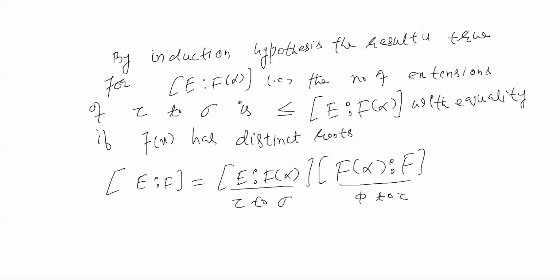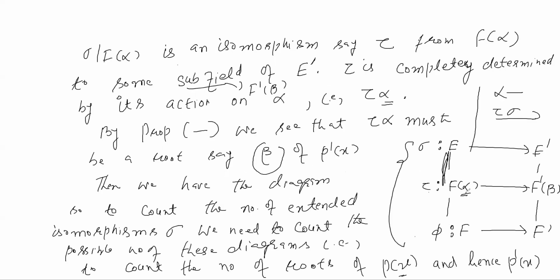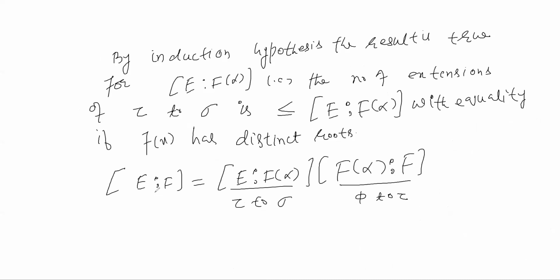If you see the diagram, we are going from F to F alpha, means phi to tau, and F alpha to E means tau to sigma. So the number of isomorphisms extended from F to E means first you go F to F alpha and then F alpha to E, means phi to tau and then tau to sigma.